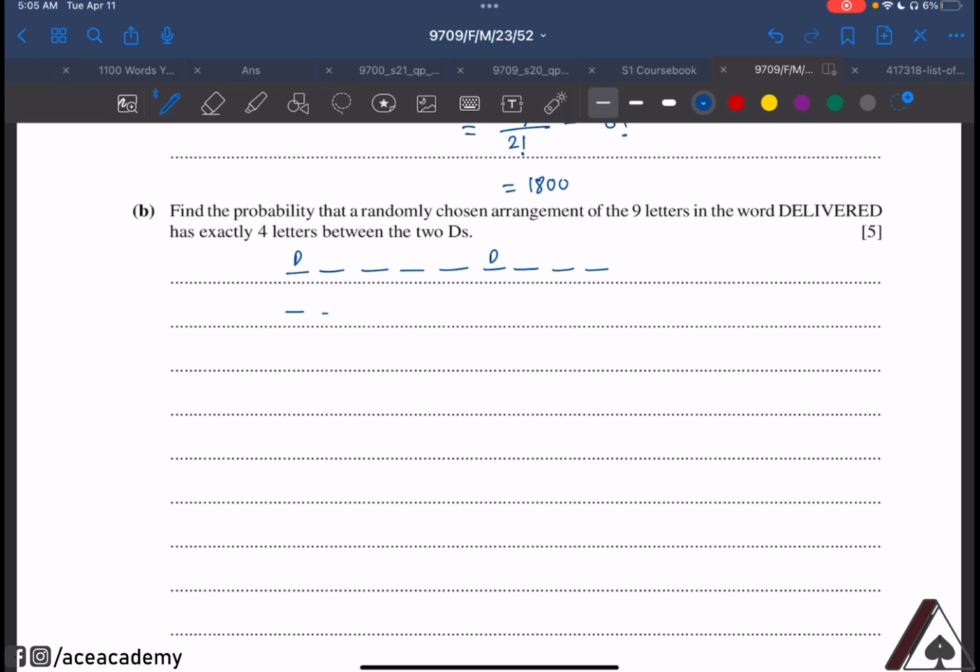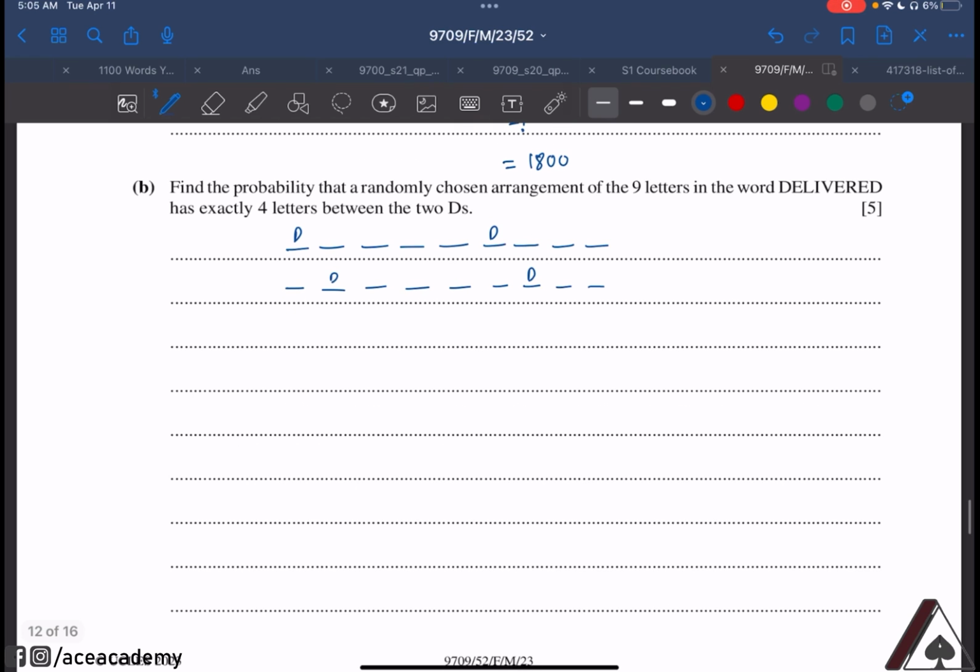Another one is the D here, and 4 spaces in front of it, another D here. Another arrangement is D here, and 4 spaces in front, D here. Finally, D over here, and then D over here.